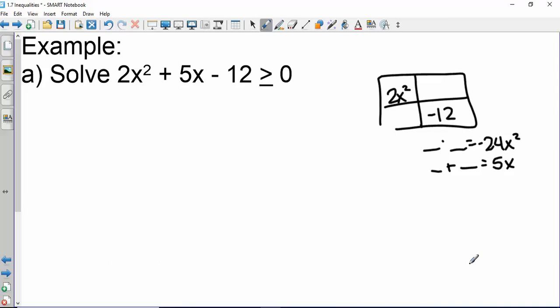So what would that be? -3 and 8. Okay, 2x squared and -3x, we could take out an x. 8x minus 12, we could take out a 4. 2x squared and 8x, we could take out 2x and -3.